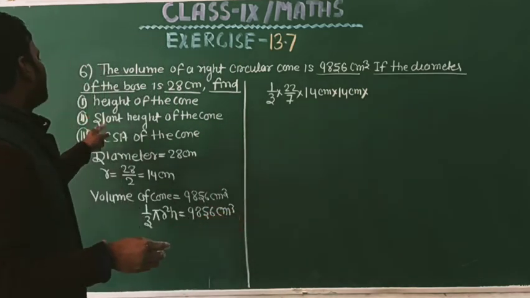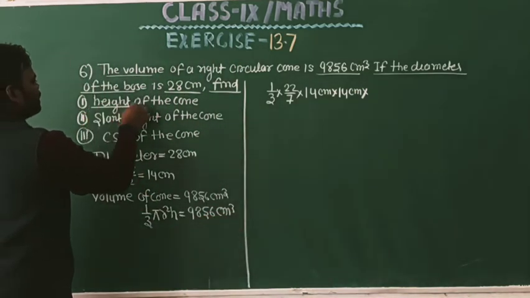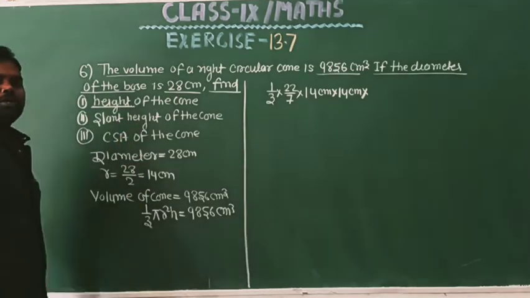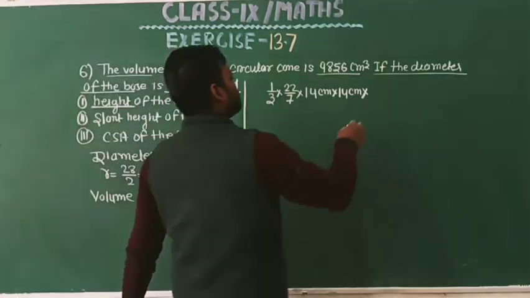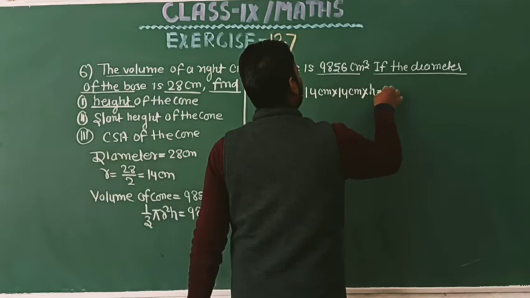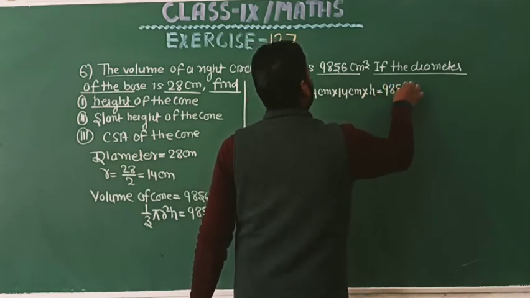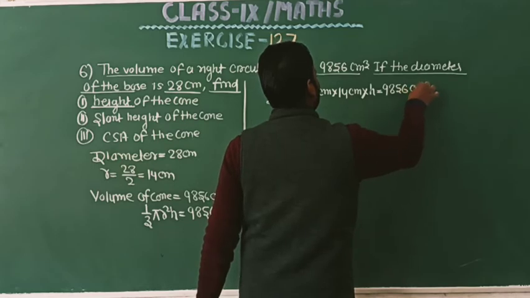The first part we have to find is the height of the cone. So this is h equal to 9856 centimeter cube.